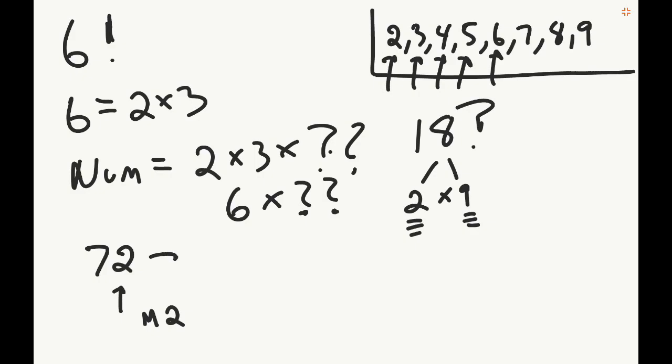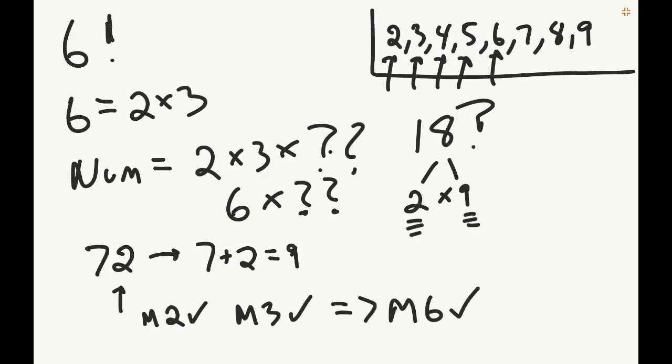We tested that before with our 3 method: 7 plus 2 equals 9. 9 is a multiple of 3, therefore it is a multiple of 3. So now we know that 72 is also a multiple of 6.